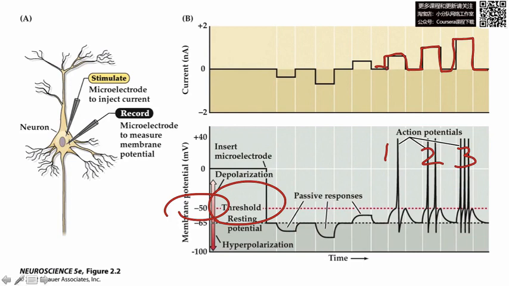Essentially what we have here is a stimulus that's getting stronger and stronger and stronger. And the way that stimulus strength is encoded by the activity of this neuron is by generating more and more action potentials. So at least at first approximation in this simple experiment, the number of action potentials is in some sense proportional to the strength of the stimulus.